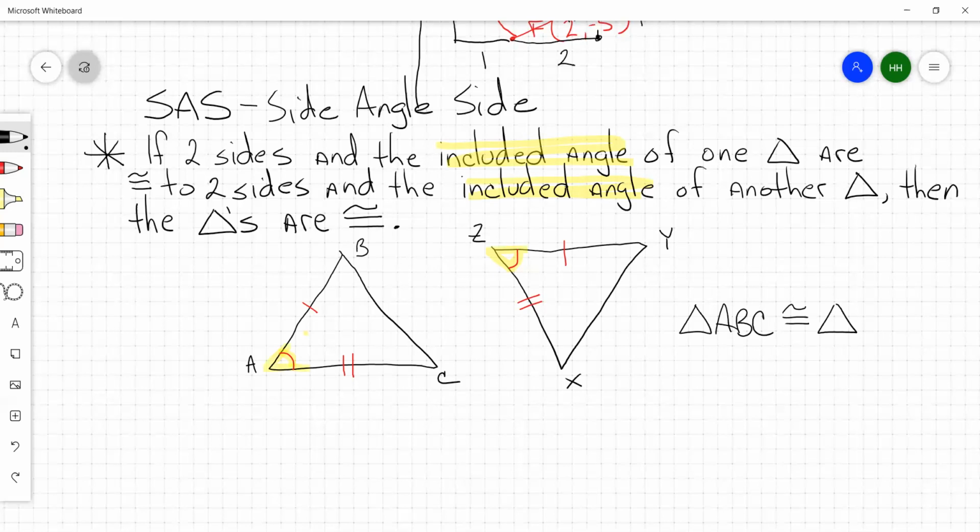So we've got to start with the Z. We went from congruent angle through one tick mark. So we've got to go ZY. And then there's only one letter left, and that's the X. That is side angle side congruence.